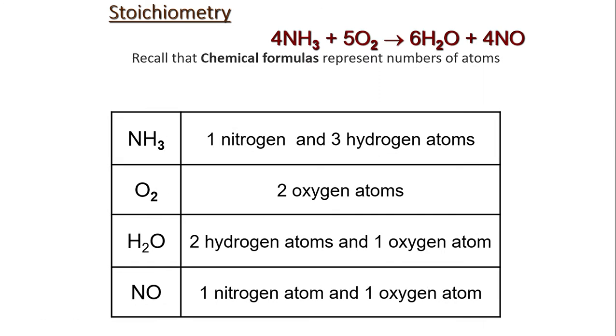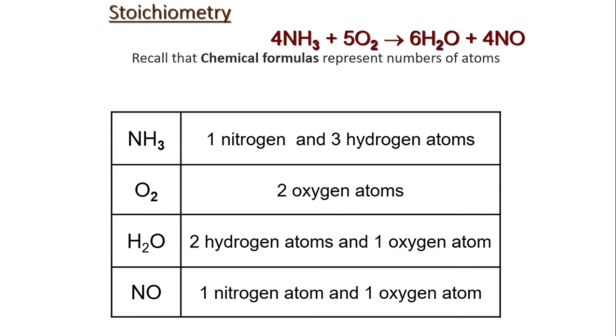So for example, we have here the given chemical reaction. By the way, class, in order for you to understand well the stoichiometric calculations for reactions in solution, you need to master first balancing chemical equations, which you already took last year in General Chemistry 1.